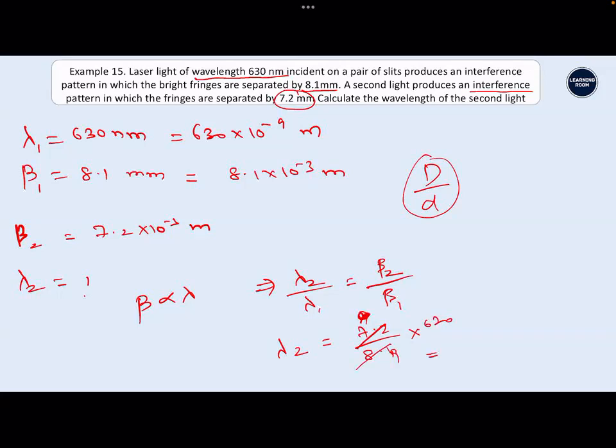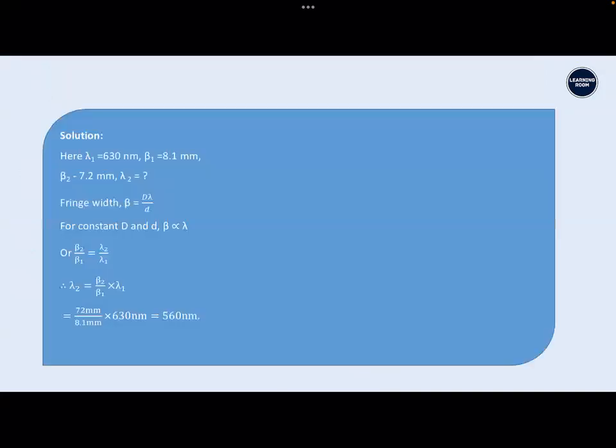Let me check now. This will go 9 times, this will go 8 times. 630 divided by 9 is 70, times 8, so 560. It is 560 nanometer. Solution is there.